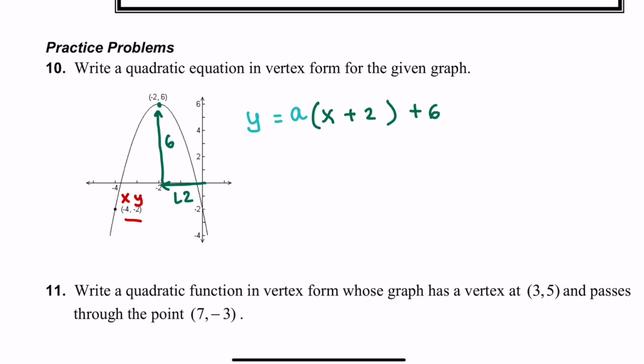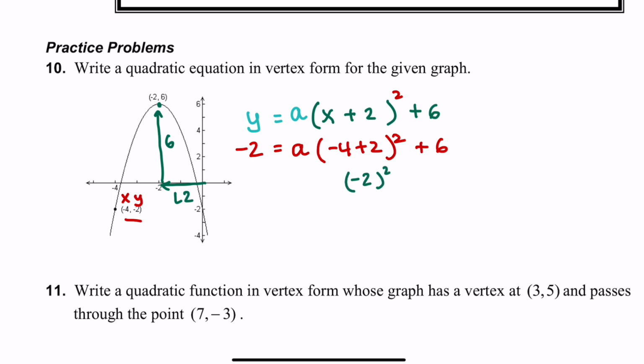So in for my y, I'm going to put in -2. I don't know what my a is. My x is going to be a -4. And don't forget your squared, I forgot that. And then we have a +6. We start inside the parentheses. -4 plus 2 is a -2.